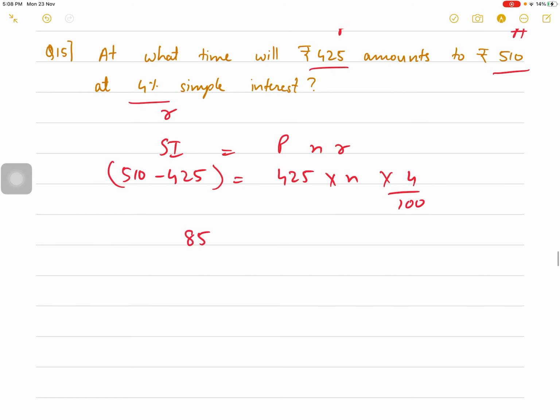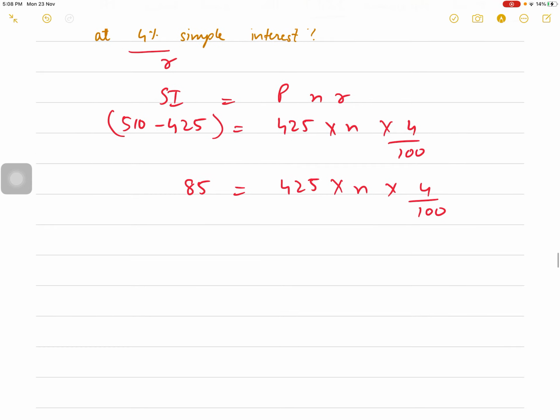So 85 is equal to 425 into N into 4 upon 100. So N is equal to 85 into 100 divided by 4 into 425.